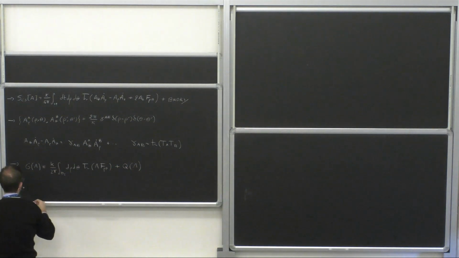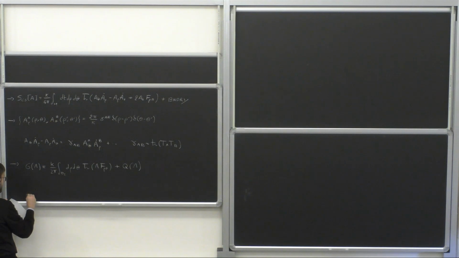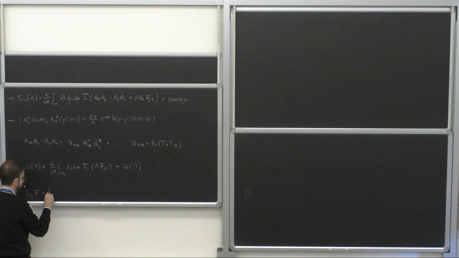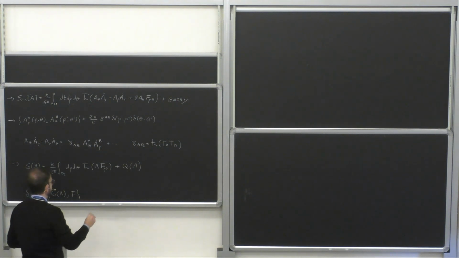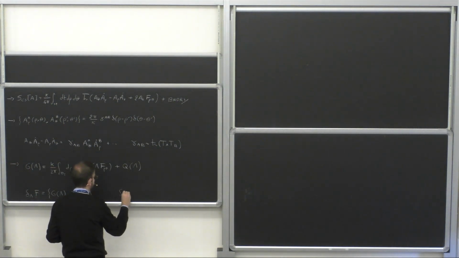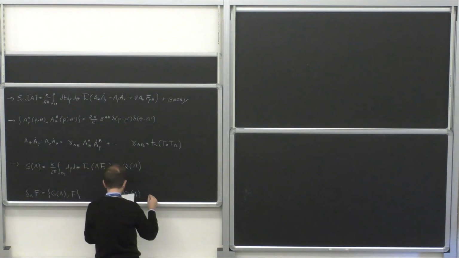The important property of this object is that, in general, the gauge variation of any function on the phase space can be written as the Poisson bracket of this object with f. And the other thing is how can I determine Q? Well, Q is determined by this condition, so what I know is actually its variation.